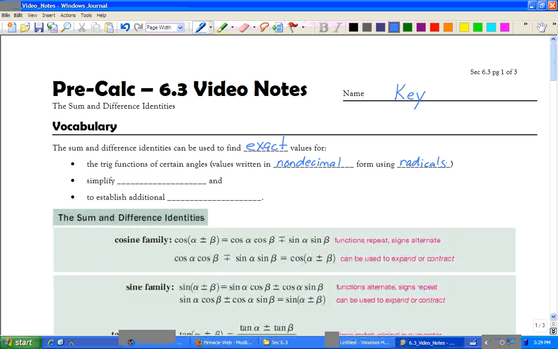We can also use the sum and difference identities to simplify expressions. And using them, we can establish more identities, and you're going to see this in section 6.3, or sorry, section 6.4, the next section.